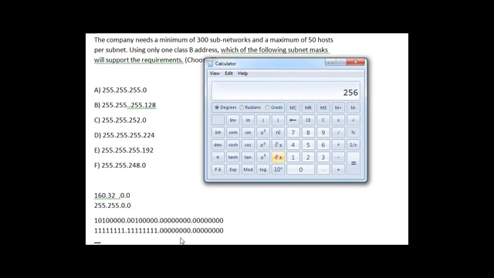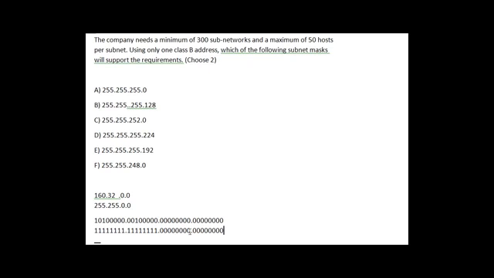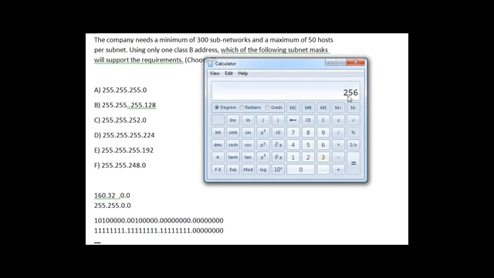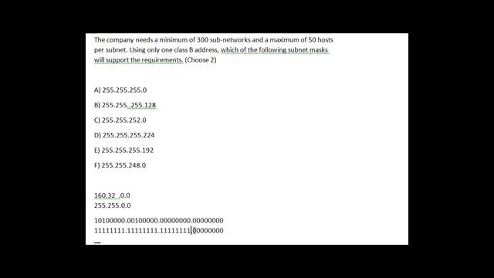That would be 8 bits, so a subnet mask like this: 1, 2, 3, 4, 5, 6, 7, 8, borrowing 8 bits for networks. But that only gives us 256, so we actually need more than that. What we need is 2 to the 9th power, which equals 512 subnets. So we borrow one more bit right here.